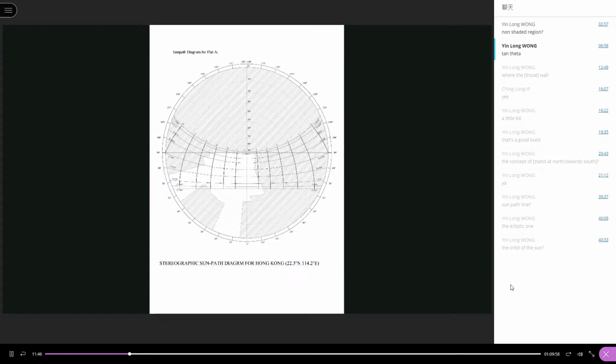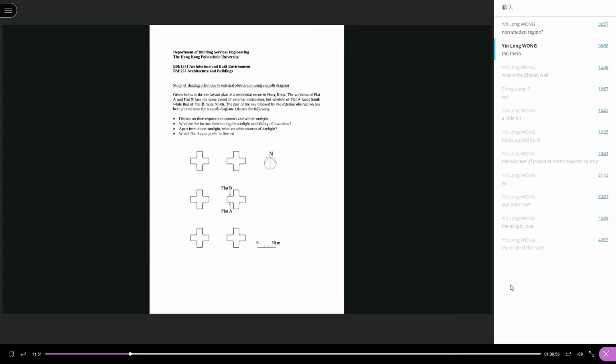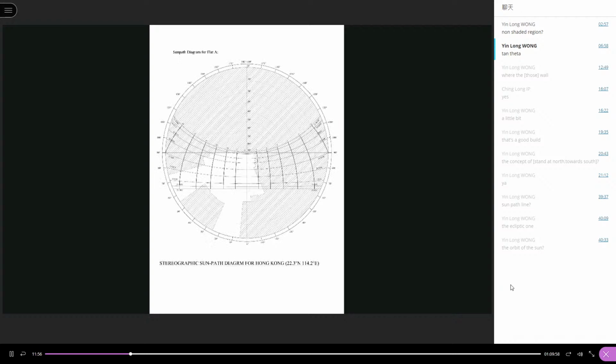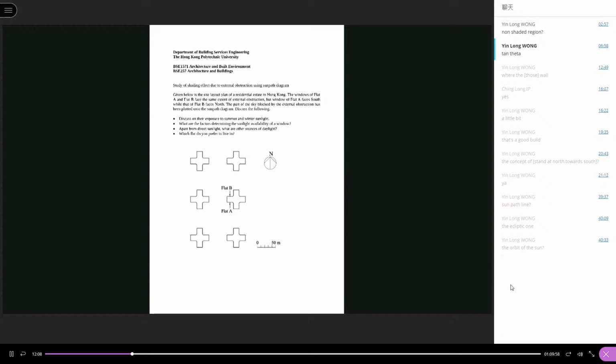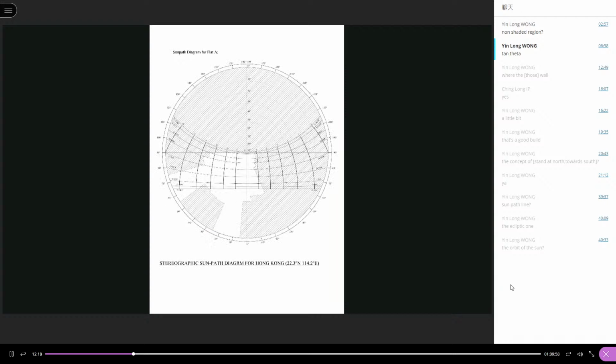So this part of the sky will be blocked by this wall. This wall blocks this part of the sky. This part of the sky was blocked by that wall. And then I have this wall. These few walls will block this part of the sky.